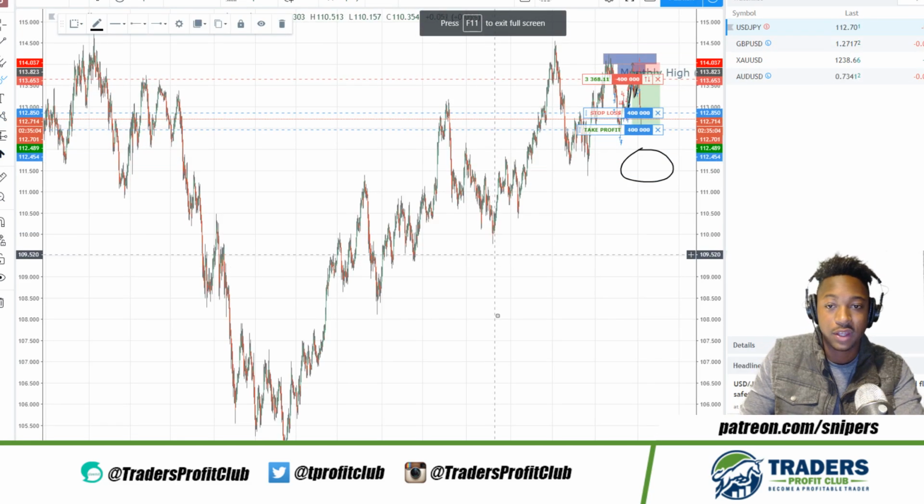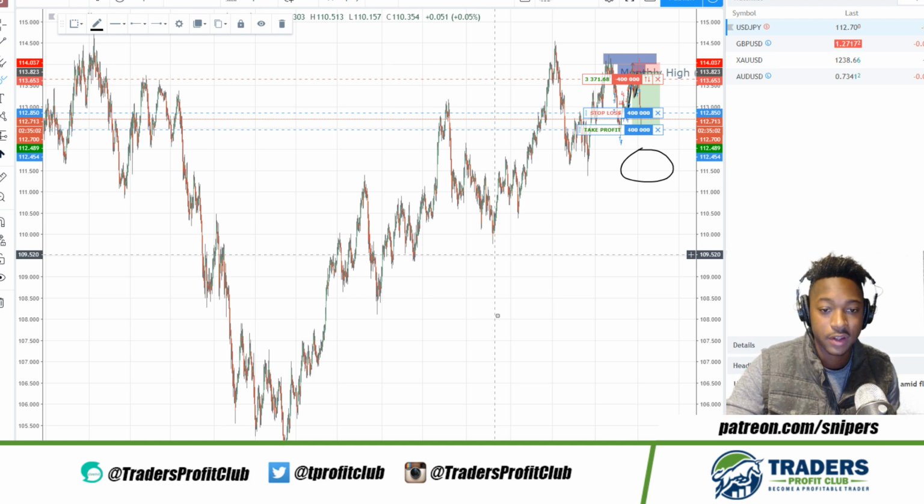I try to specifically focus only on a couple pairs, because it doesn't matter how many pairs you have in your market, right? If you have 20 pairs in your market but you're not making any money, what's the point of having 20 pairs, right? If you have 4 pairs that you master, the structures, the percentages, the gains, the entries, the losses, you'll be able to maximize your portfolio by focusing only on a couple of pairs.